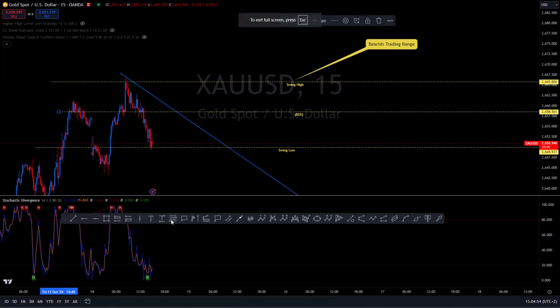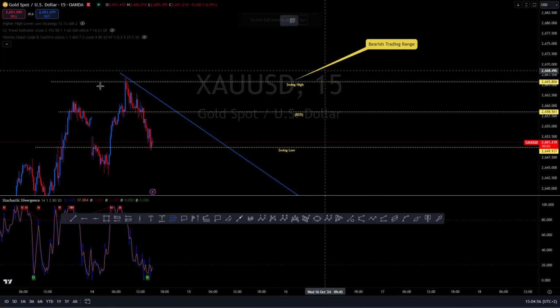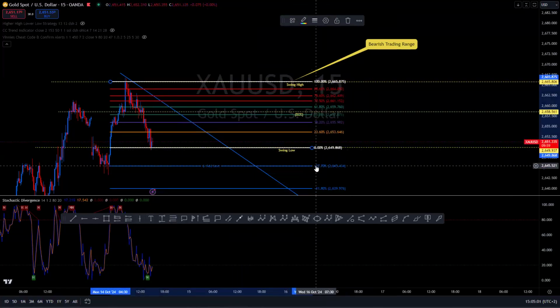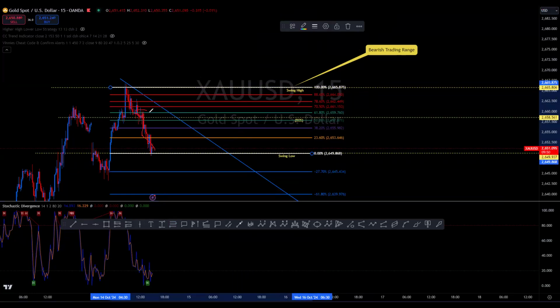So now we're going to take our Fibonacci. And since we're in the bearish trading range, we're going to swing it from the most recent low to the most recent high. Okay. So as we can see here, price did reject the 60% here and then floated that. So this area here is a solid sell zone.